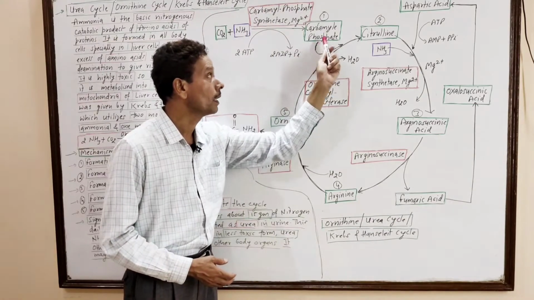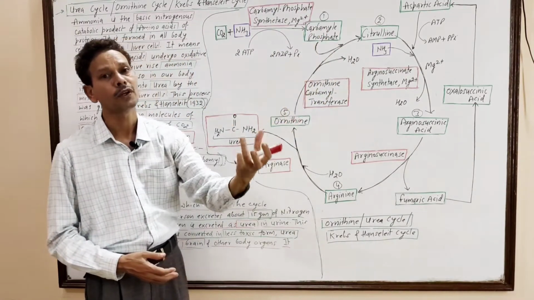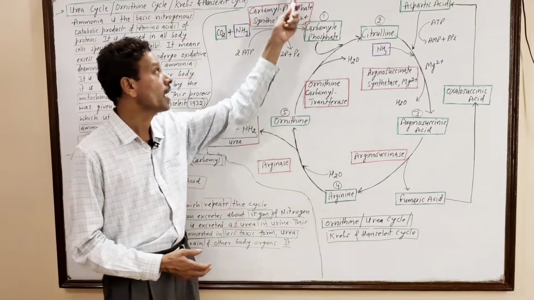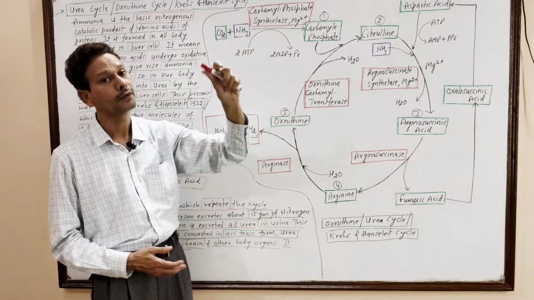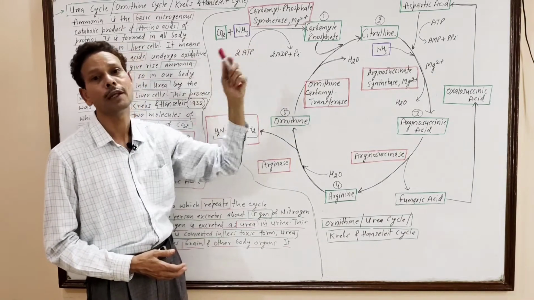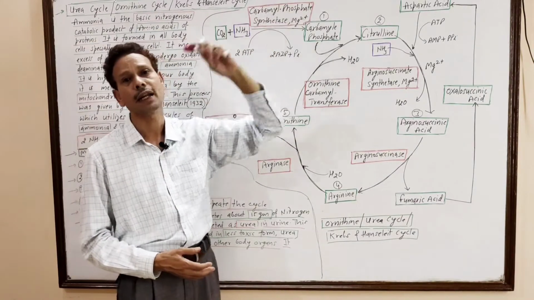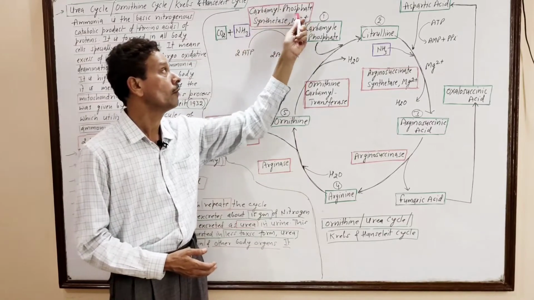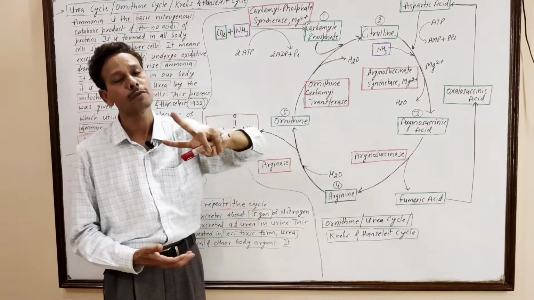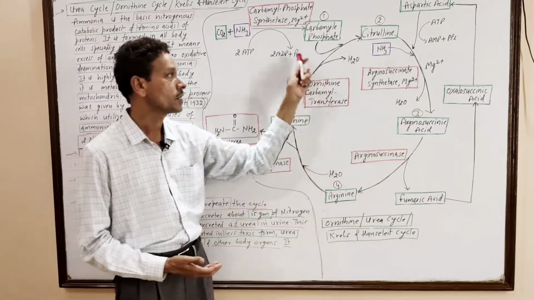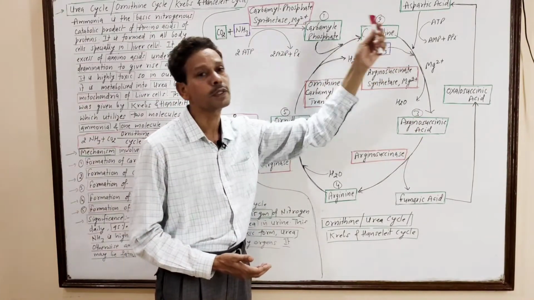First is formation of carbamyl phosphate. This step involves one molecule of CO2 and one molecule of ammonia in presence of 2 ATP molecules, and the reaction is catalyzed by carbamyl phosphate synthetase that requires a cofactor which is Mg positive 2 ions. Step number 2, that is formation of citrulline.